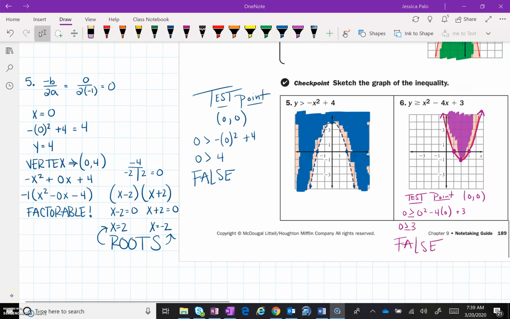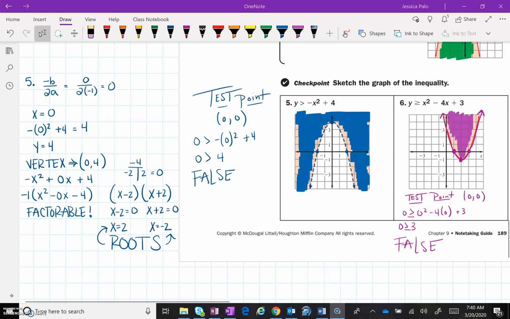Welcome back. Checkpoint number 5. We found the vertex. You graph your vertex. Then determine whether or not it is factorable, or just use the quadratic formula if you'd like. Found that it was factorable, so we were able to do our two binomials to represent our roots, and found the value of our roots, graph the roots.